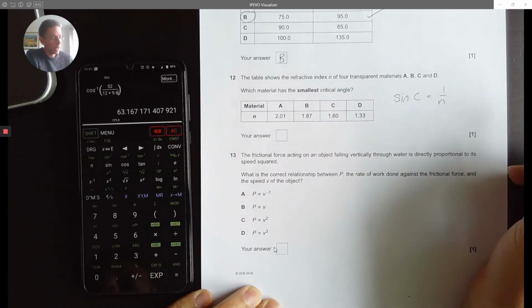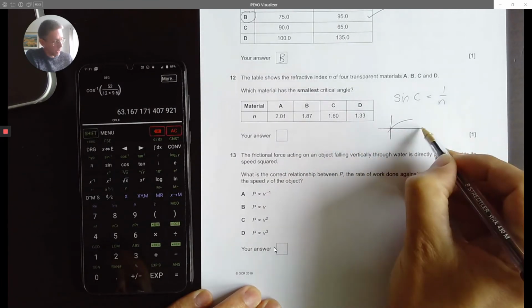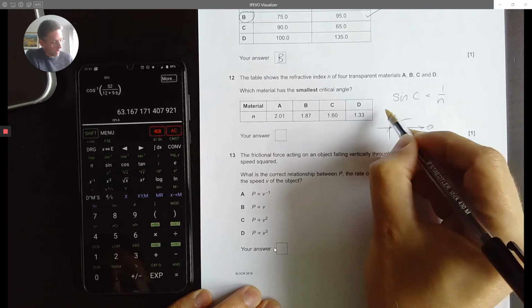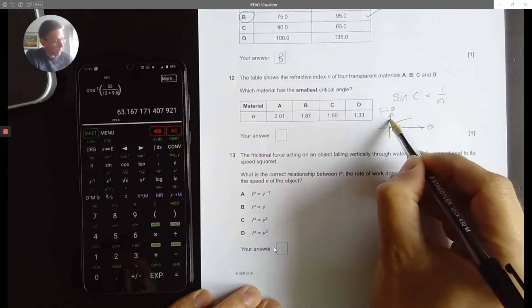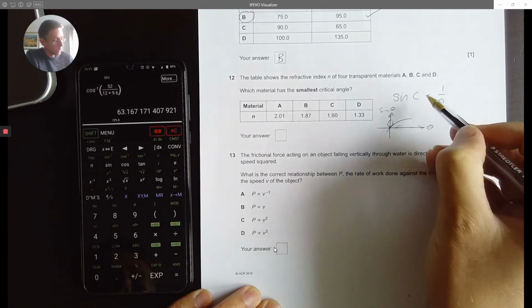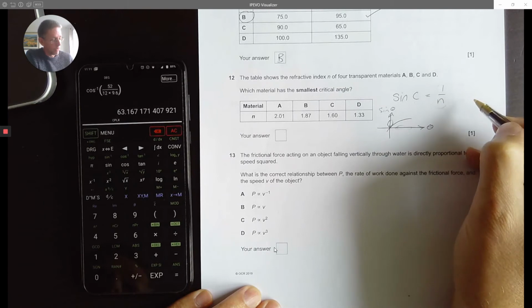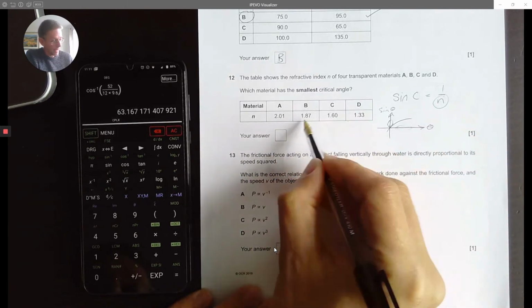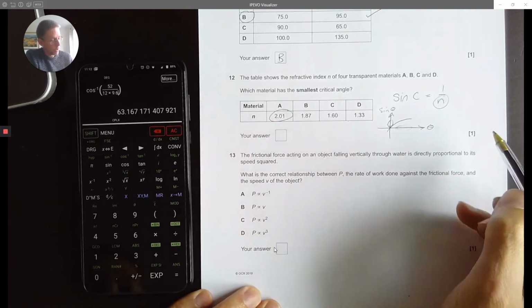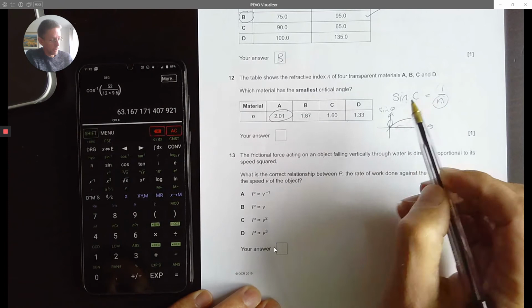And if you remember your graph for the sine function, there's your theta and there's your sine theta. So if you want a small theta, you need a small sine theta. So a small sine theta will be given to you for a small 1 over n, which means a large n. So you want the largest n here, and that's that one. The bigger n is, the smaller sine c will be, so the smaller c will be. So your answer is A.